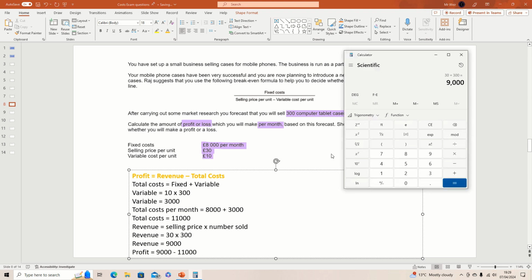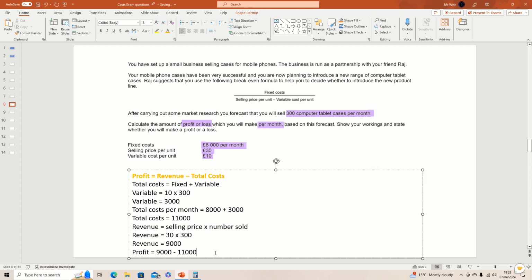And when you do that on the calculator, you will find that we're making a loss. So the answer is minus 2,000, making a loss. Okay, that's the key bit of information, because the question says state whether you will make a profit or a loss. So we're making a loss, and the answer is minus 2,000.